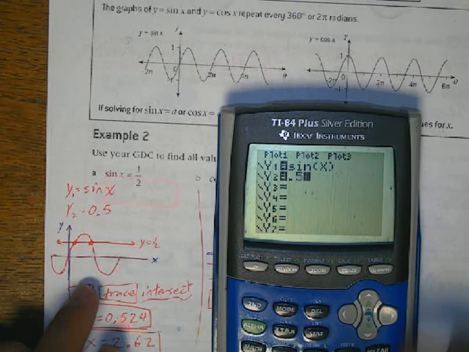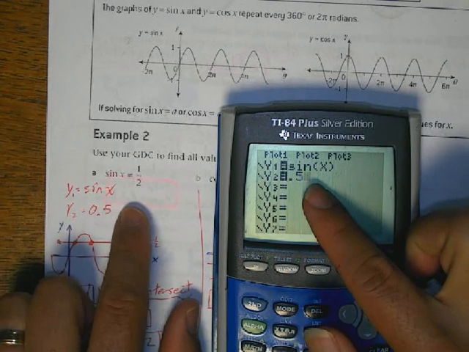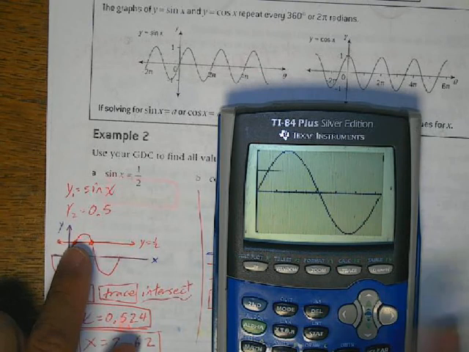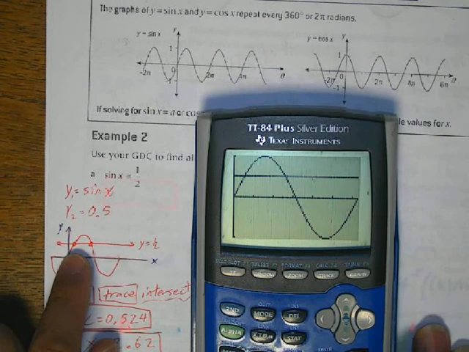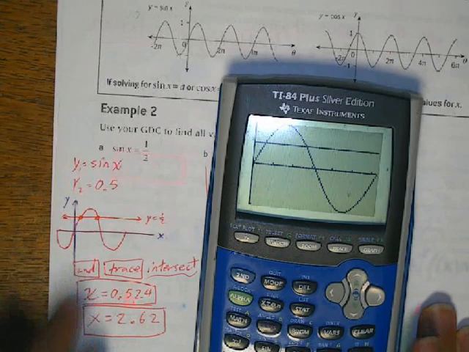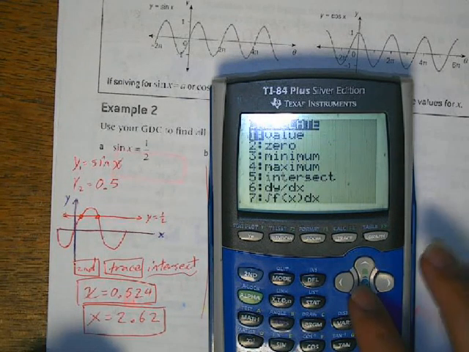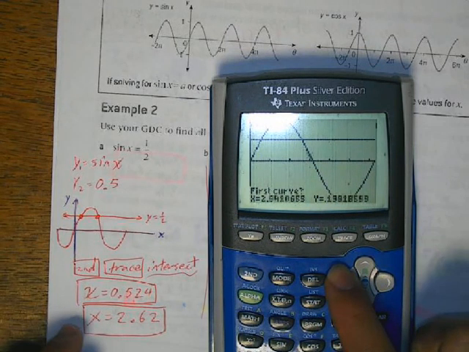So I've written these two equations, and then if I graph them, we want to find all the values of x. To find the values of x, I'm going to have to hit second trace, and then down to 5 for intersect.